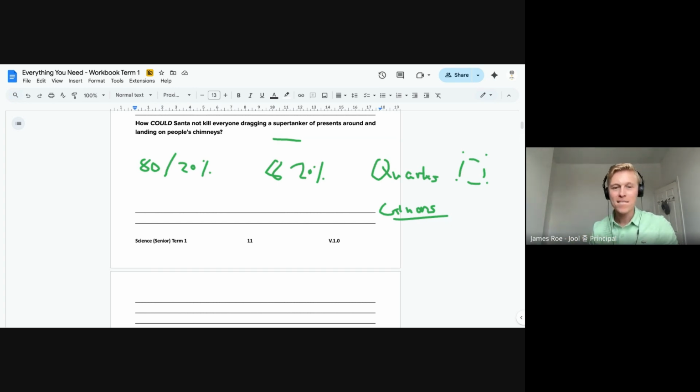You shrink down the presents with a bit of quantum manipulation into tiny, atom-sized presents. And all Santa Claus has got to do with his little gadget is bring them back to size when he arrives at the house. It's easy peasy. He just flips it out of his pocket and like, okay, there's your present. Boom. And remember, he's doing this all at 186,000 miles per second. So it's hardly going to be a challenge.